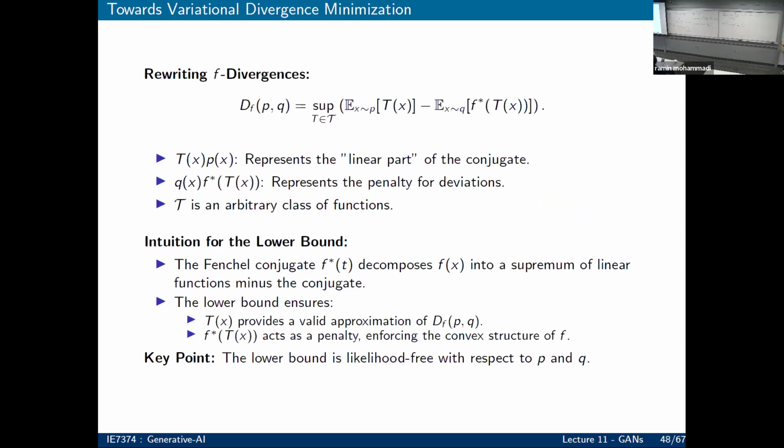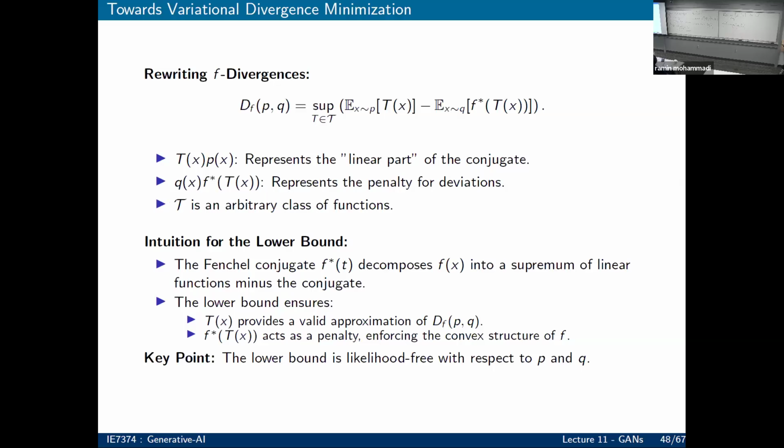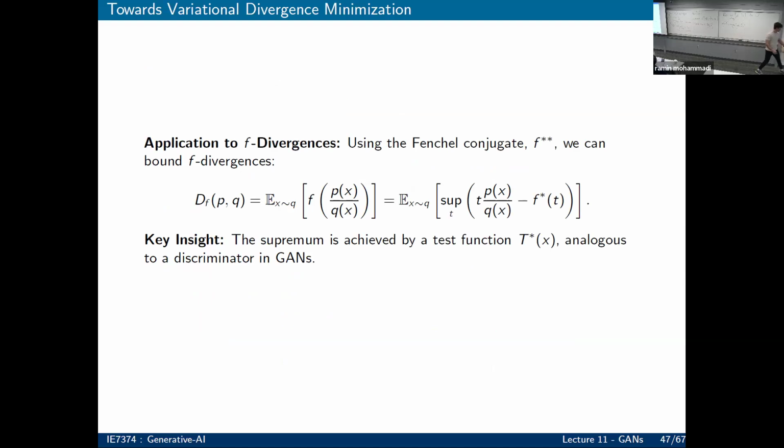Now, that term that you see, this expectation and the supremum, you can bring the supremum outside of the expectation with respect to t. So that's what we are doing here. We bring the supremum outside. Then if you look at the equation, we go back here.